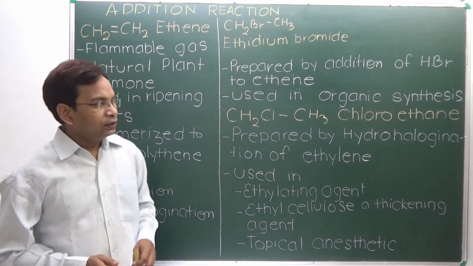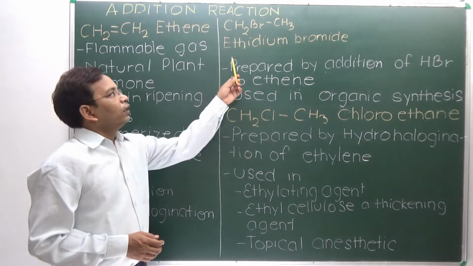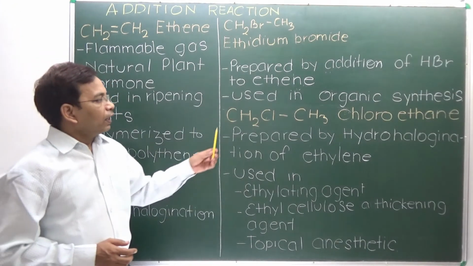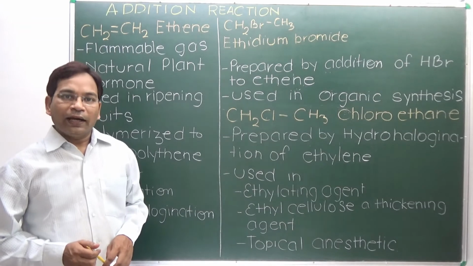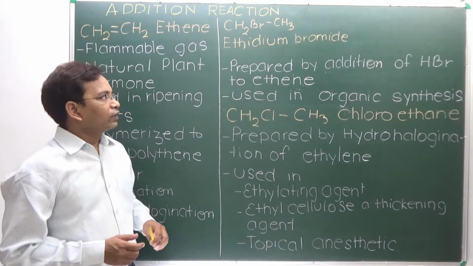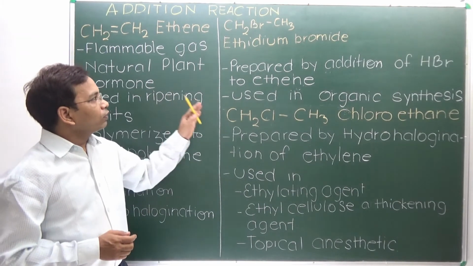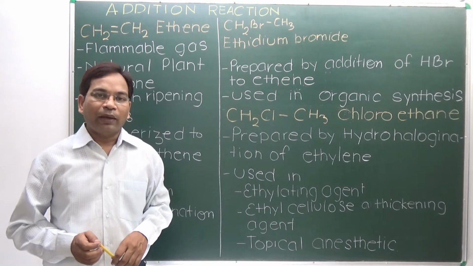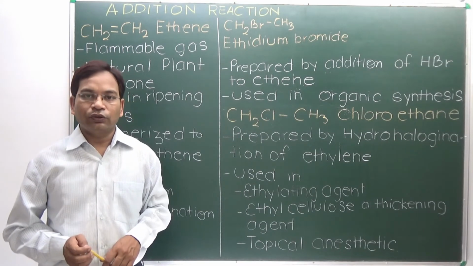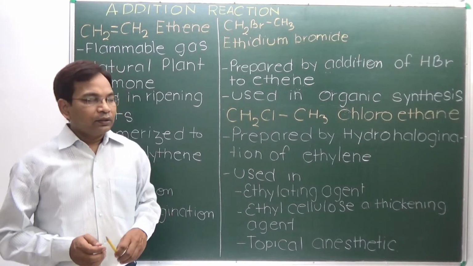Here ethene is a natural compound, and bromoethane and chloroethane are addition products of ethene. So here is the importance of addition reactions: to get different products from alkenes or alkynes that are used for different purposes.